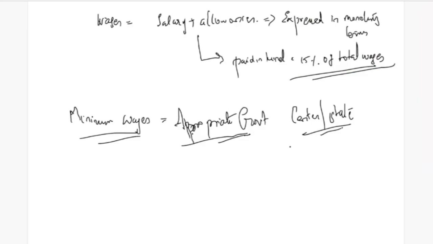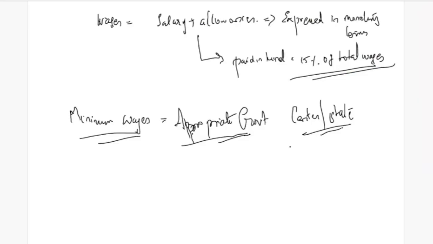No employer can employ any person below this minimum wages. That much minimum amount has to be paid. So even if you don't give any other allowances, this much minimum salary is mandatory.